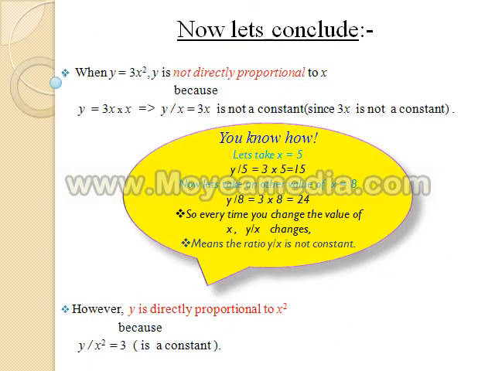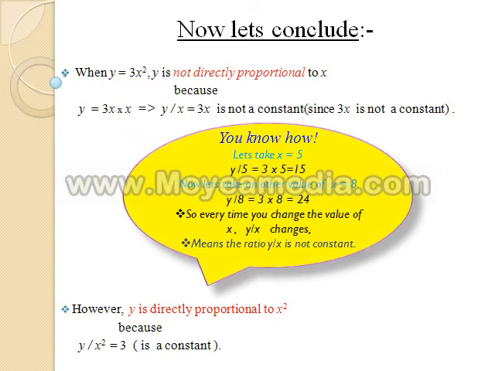So here let's make a conclusion. In this relationship y is equal to 3x square, y is not directly proportional to x. Why? Because if you want to play mathematically with it, you could see in the second line what I did is y is equal to 3x multiplied by x.